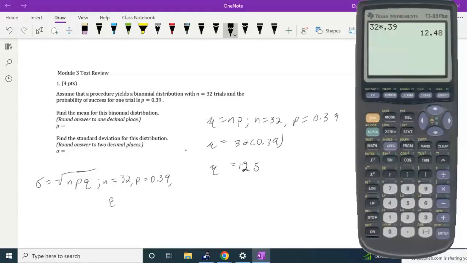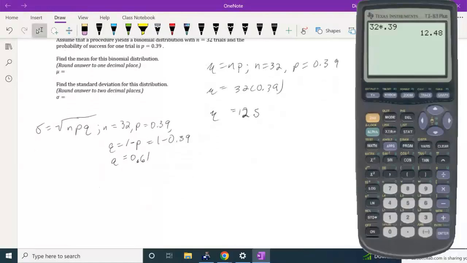Remember that Q is equal to 1 minus P. Right? So if P is 0.39, 1 minus 0.39 should give us a value for Q as 0.61. So remember the formula for Q is 1 minus P.